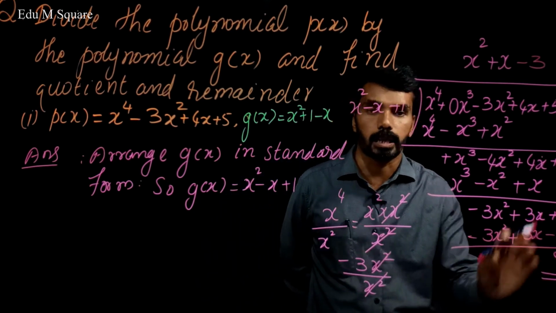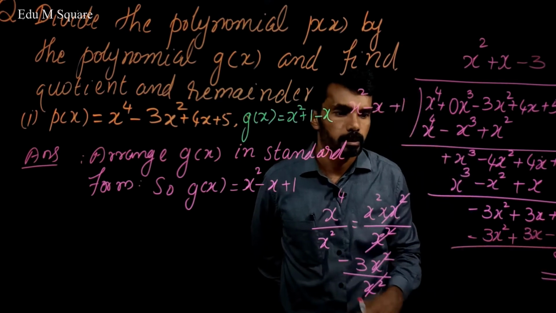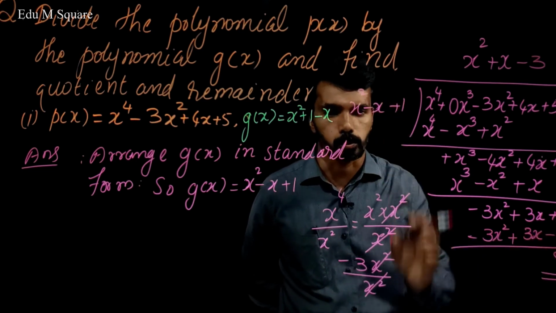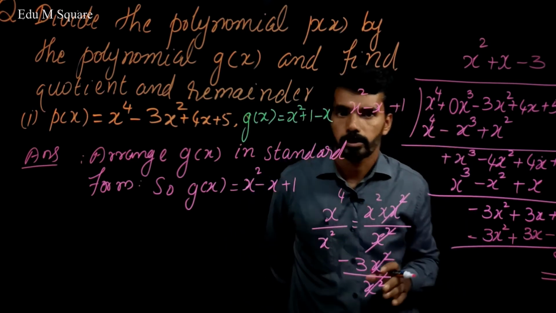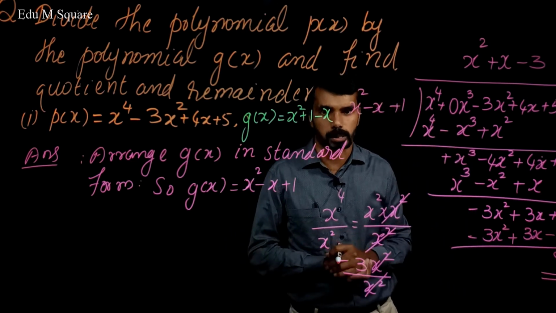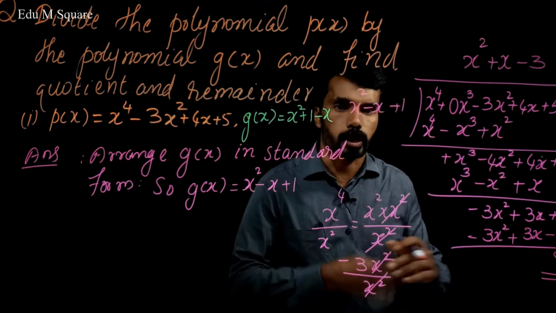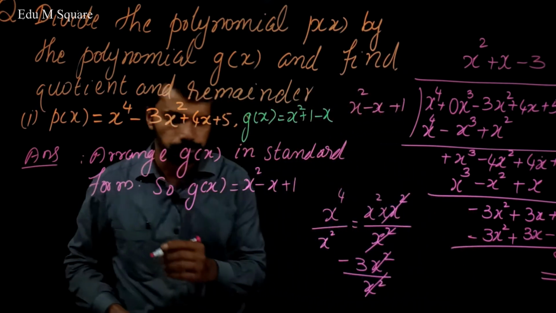Check the degree of this new remainder and the degree of the divisor. What is the degree of this 8? 0. Here it is 2. So it is less than the degree of the divisor. So let us stop the division process here. So this is the division process. Let us write the quotient and the remainder. So what is the quotient?